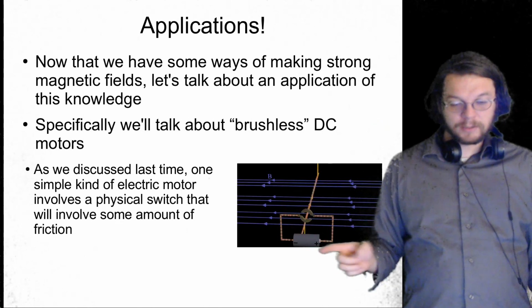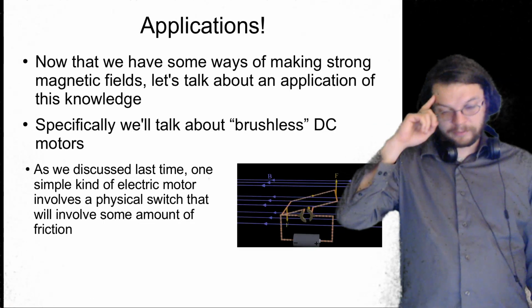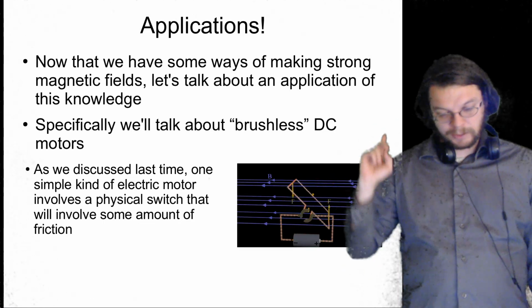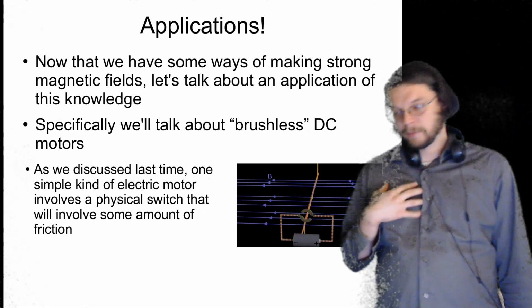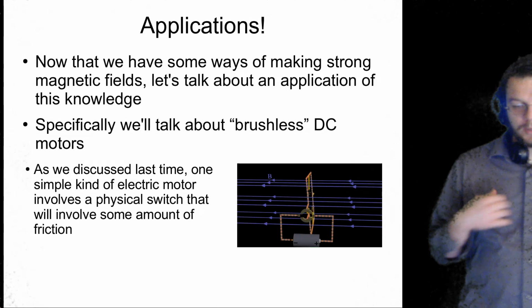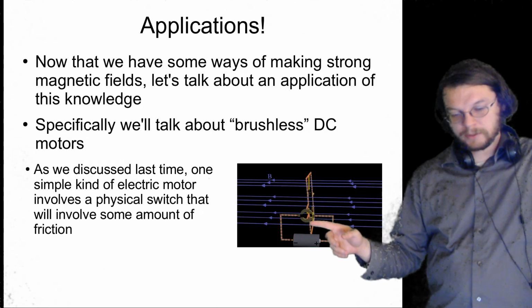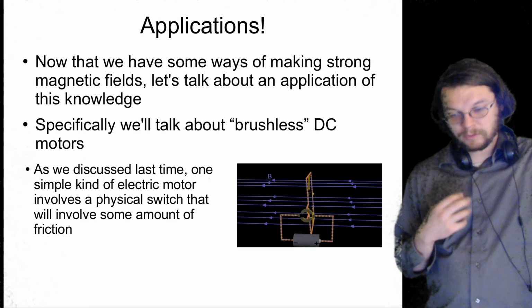But for a lot of applications, this is a fundamentally bad idea. Can you think of a reason why this would be a bad idea? I'll give you a hint. It's particularly in cases where the RPMs are very high. So for example, my electric car does not have a transmission.